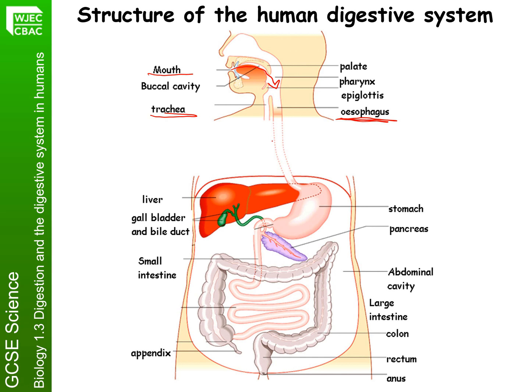So the esophagus, sometimes referred to as the gullet, is the pipe that food will pass down into the rest of the digestive system. This structure here, the epiglottis, should prevent food from entering the trachea. So when you swallow, that covers the trachea to prevent the food going down and causing you to choke.